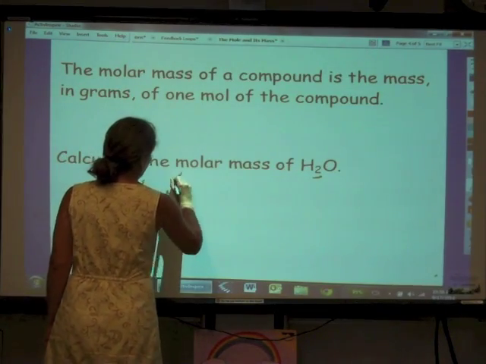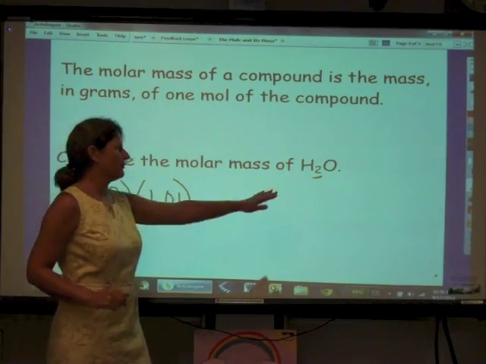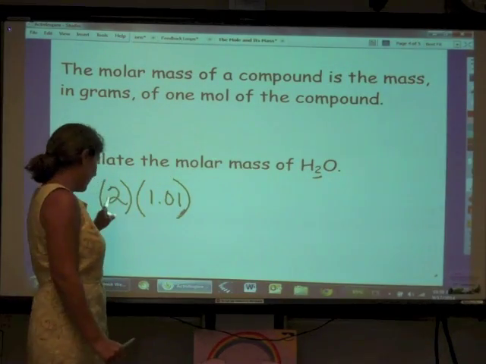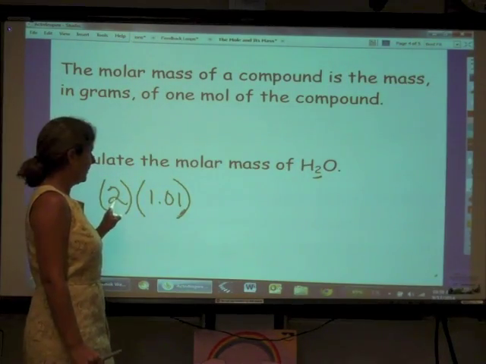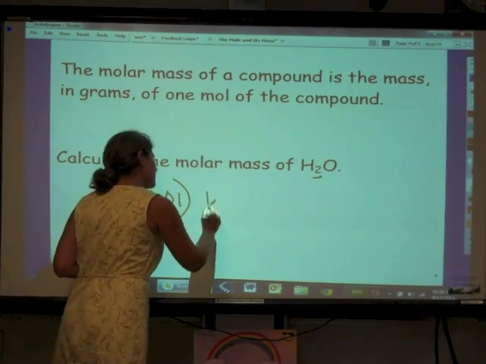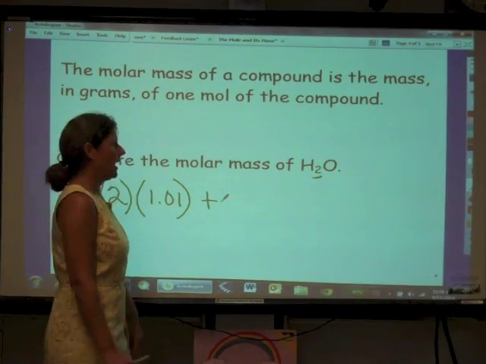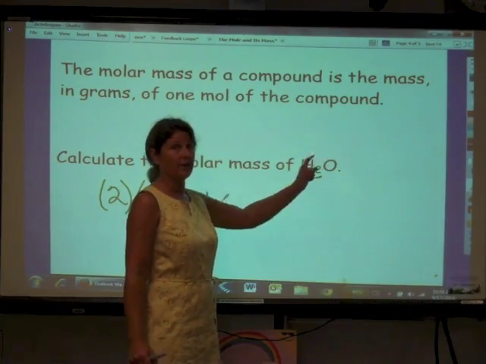So there is the contribution from the hydrogen. I have 2, and that's the molar mass of them, plus the contribution from the oxygen. How many oxygens do I have here? 1.